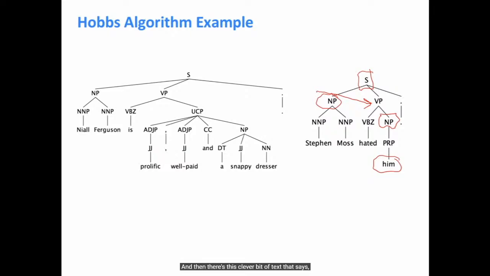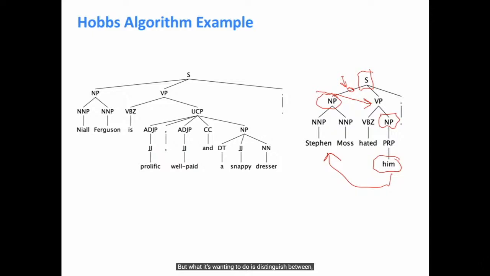And then there's this clever bit of text that says, traversal branches below X that are to the left, left to right, propose as an antecedent a noun phrase that has a noun phrase or sentence between it and X and the S. So it was saying this will be a candidate if and only if there's some other noun phrase or S in between. And so what that's saying is Stephen Moss hated him. This him cannot refer back to Stephen Moss, and that's pretty much a fact of English syntax.